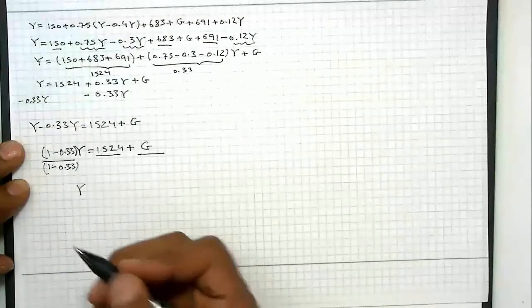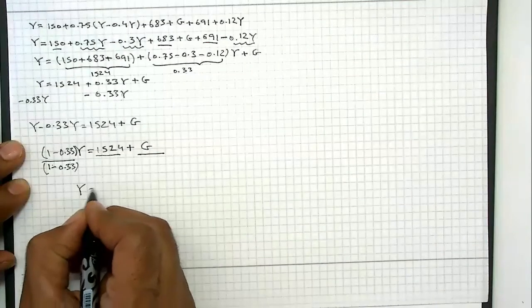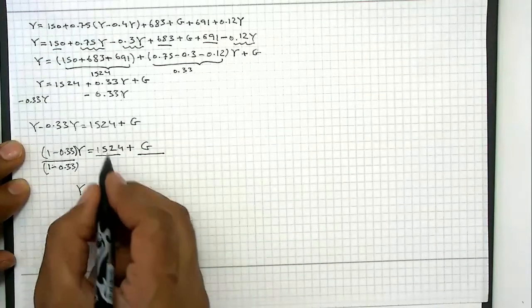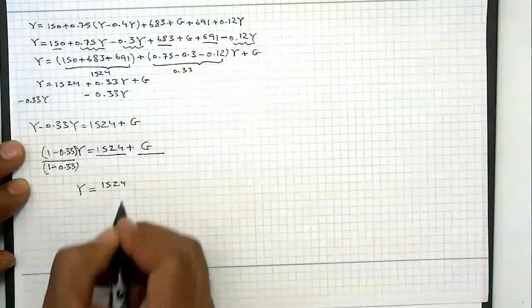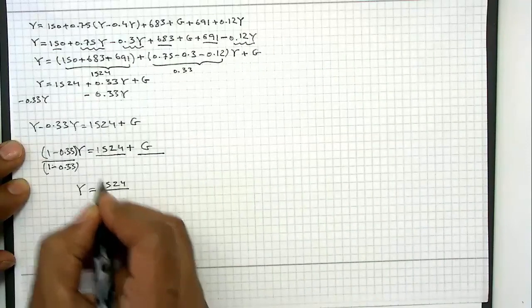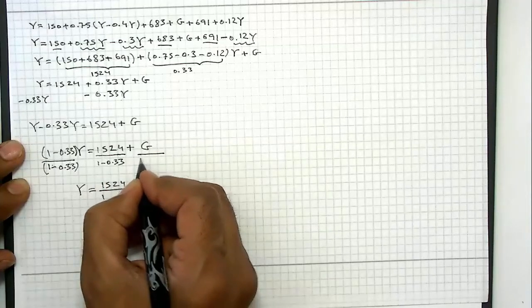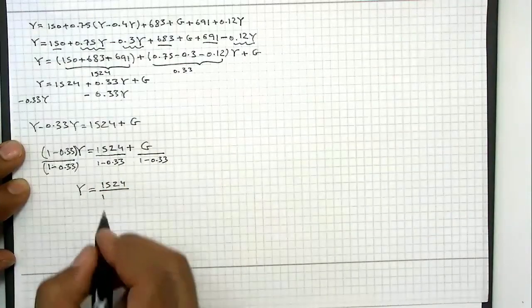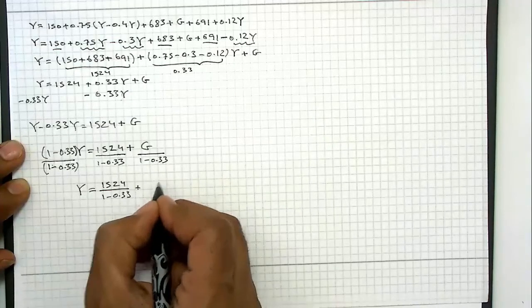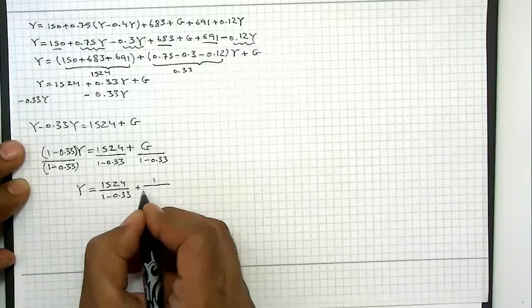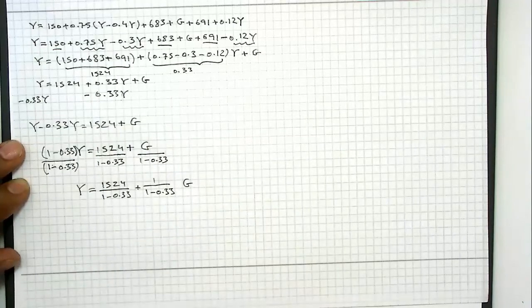You don't need to write the 1 here. So you get rid of these factors. Then on the right-hand side we can write 1524 divided by 1 minus 0.33. I can write it this way also. It's the same meaning.